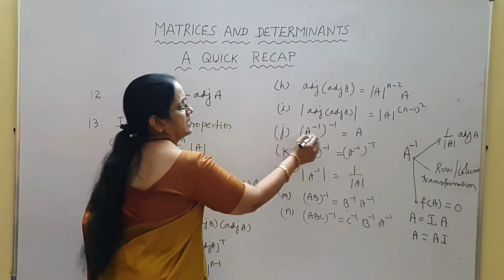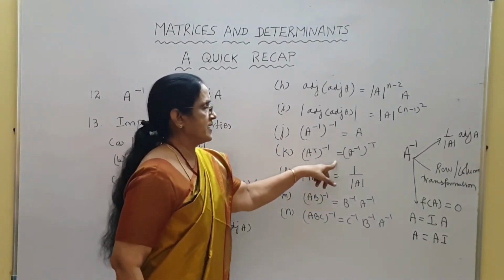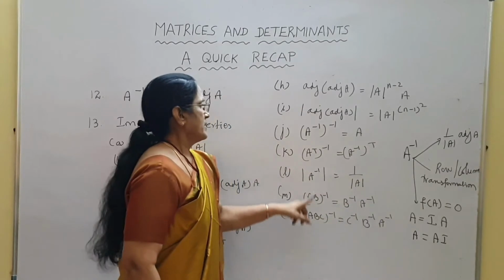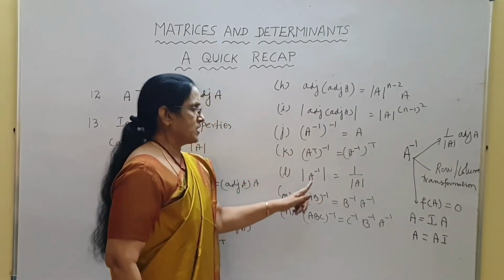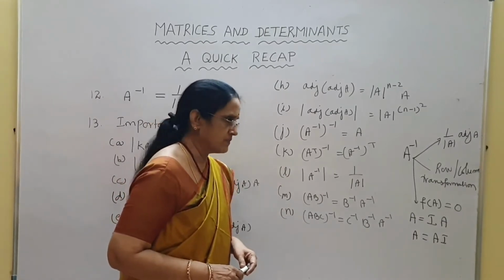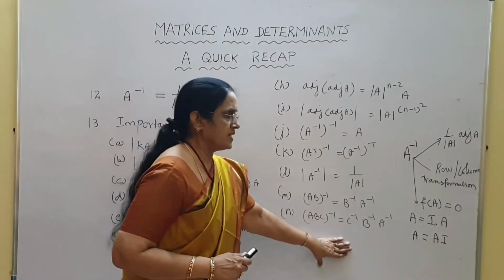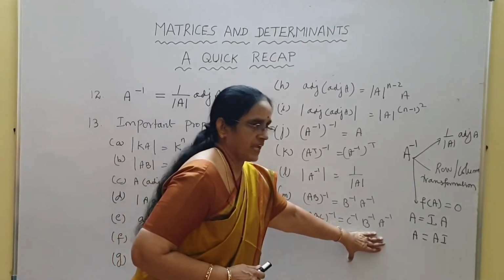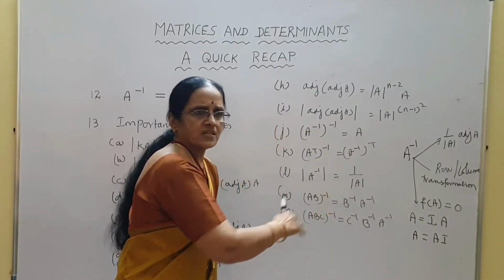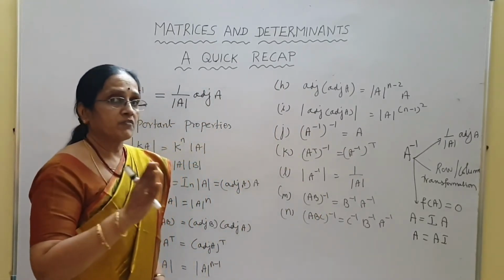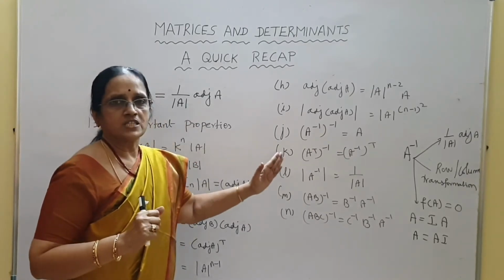Then A inverse the whole inverse is nothing but A. A transpose the whole inverse is A inverse the whole transpose. Determinant of A inverse is 1 by determinant of A. AB the whole inverse is B inverse into A inverse. You can extend it: ABC the whole inverse is C inverse into B inverse into A inverse. So these are all very important properties. You can make a note of it. One day before the examination when you do your revision, please go through all these points.